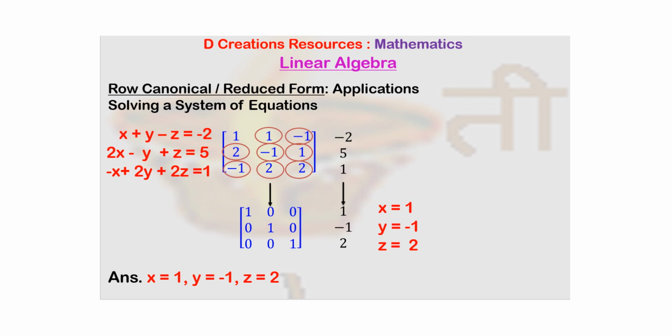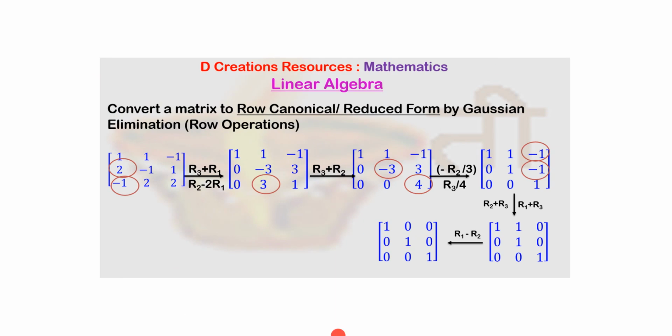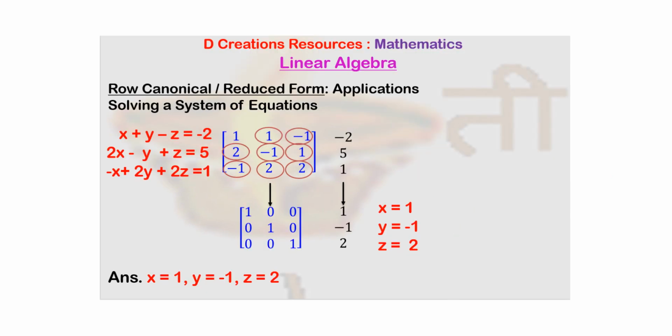So if you perform the set of operations that we did here, the end result was this matrix got converted to the unit matrix. So that is what you can see here. Now how about doing the same operations on this particular column vector containing minus 2, 5, 1 as the entries?